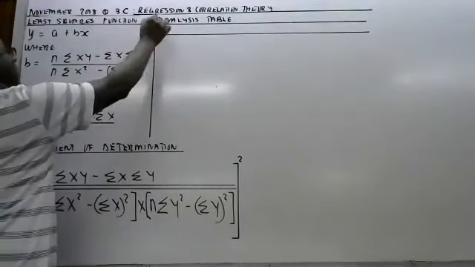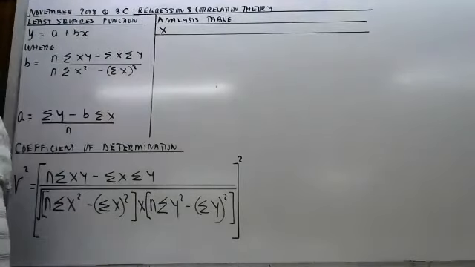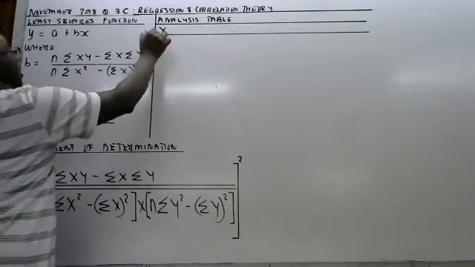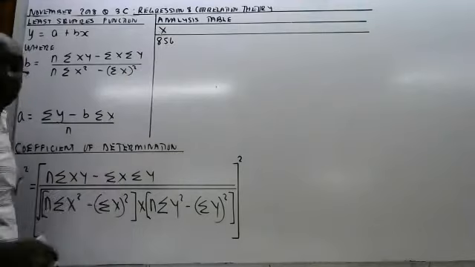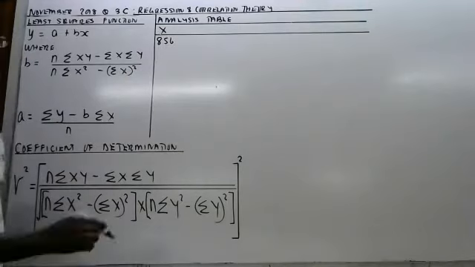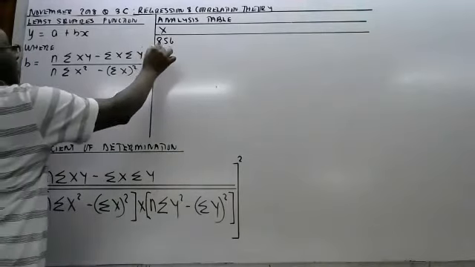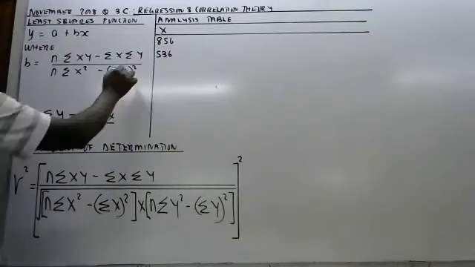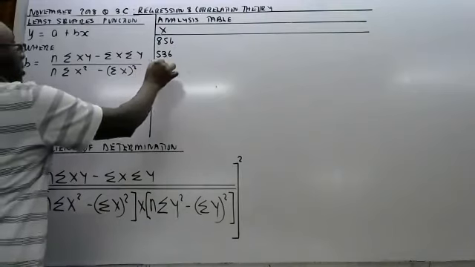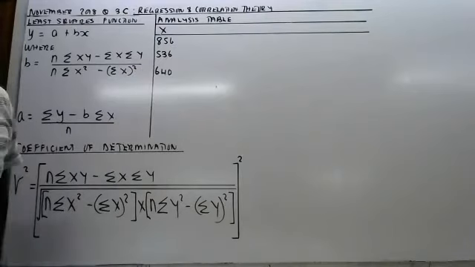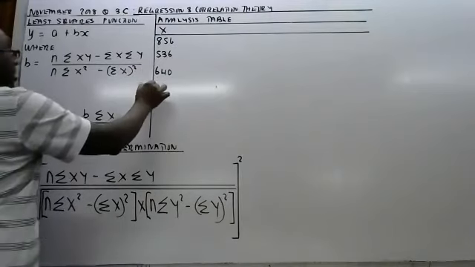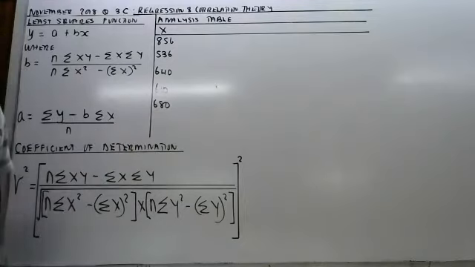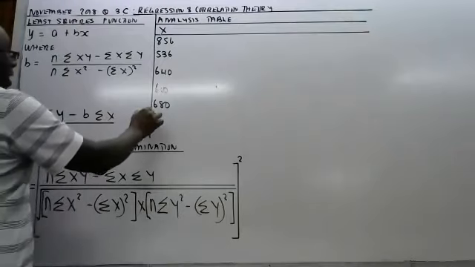The first column is the values of x. We are told 856, 536, 640, 600, 680, and 808.